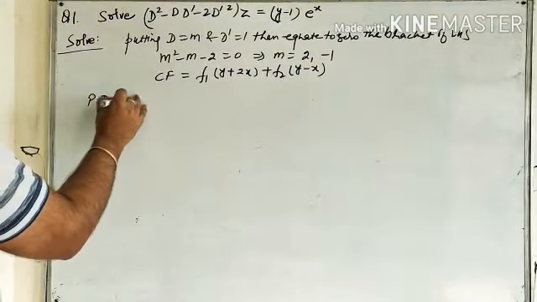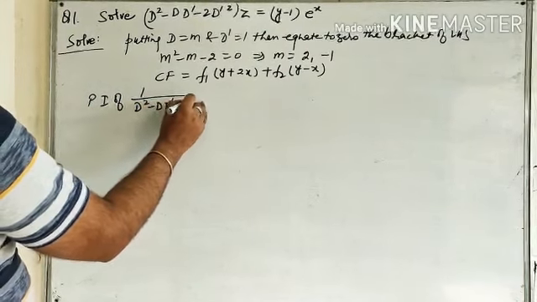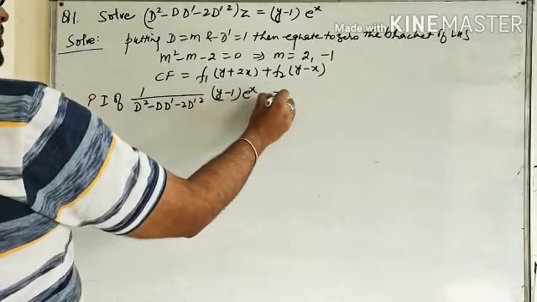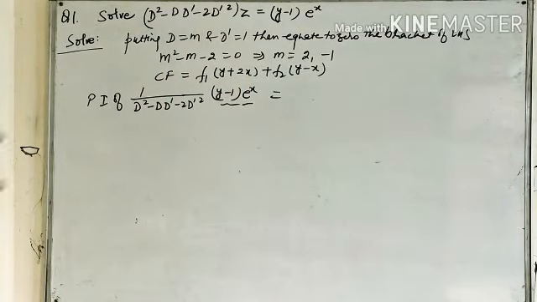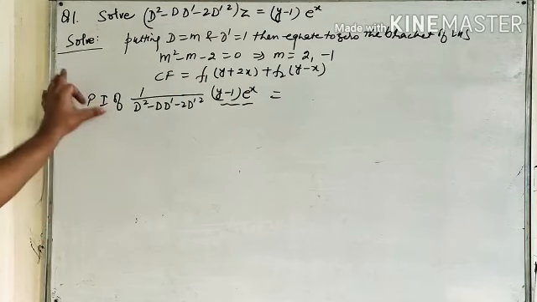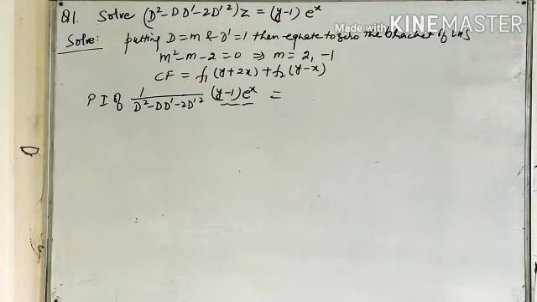Now PI is 1 upon (D square minus DD' minus 2D' square) (y minus 1) e raised to power x. This is a function which is not in the previous 4 cases, so we can solve it by case number 5, which is being discussed here.